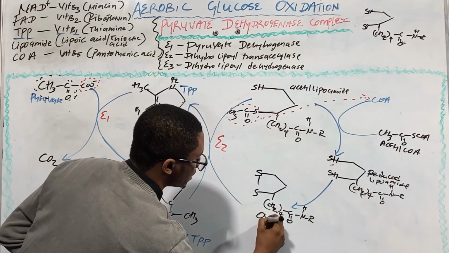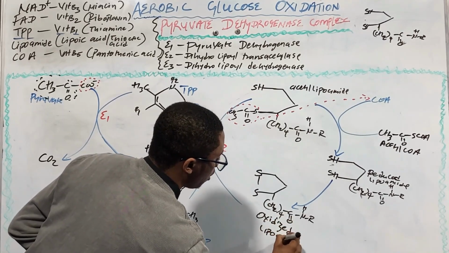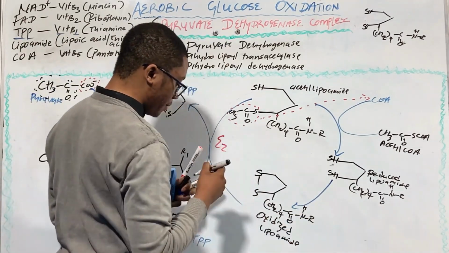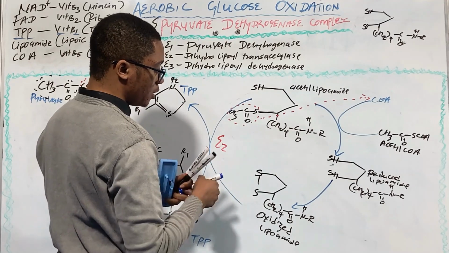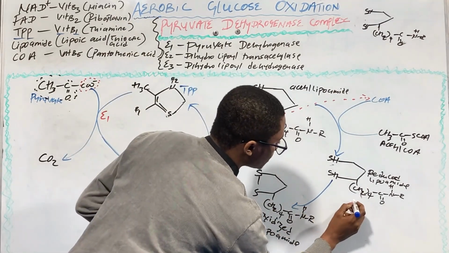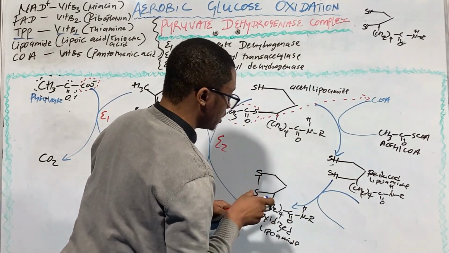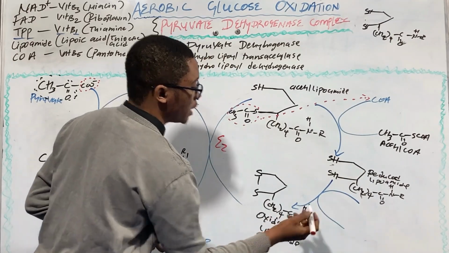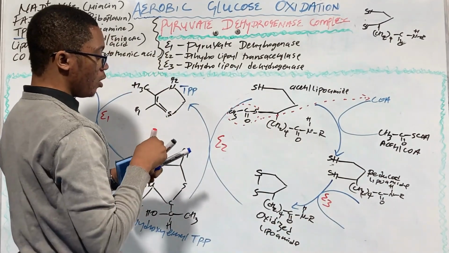So we have here the oxidized lipoamide. And this is catalyzed by what? By enzyme 3. So enzyme 3 catalyzes this step, the conversion of the reduced lipoamide to the oxidized lipoamide. All right.